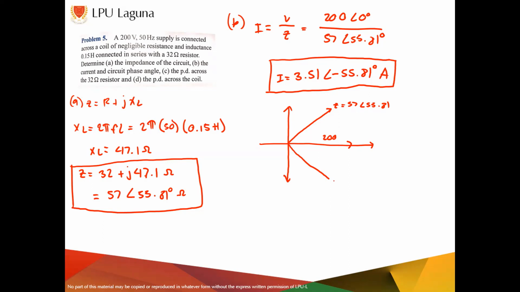This is I. I is equals to 3.51 bar angle negative 55.81 degrees. That's why, kaya sinabi natin na the current is lagging kasi siya ay nahuhuli ng 55.81 sa ating voltage. It lags the voltage by 55.81 degrees. Ayun yung ibig sabihin ng lagging.